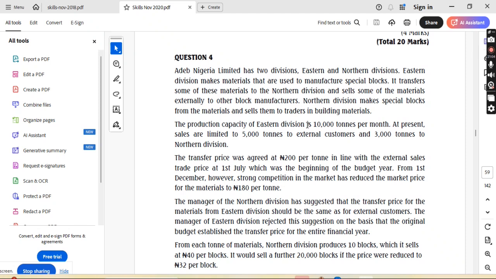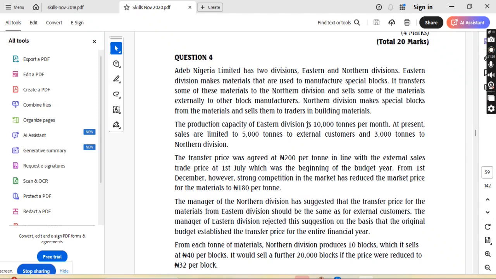At present, sales are limited to 5,000 tons to externals. They have the capacity to produce 10,000 tons.